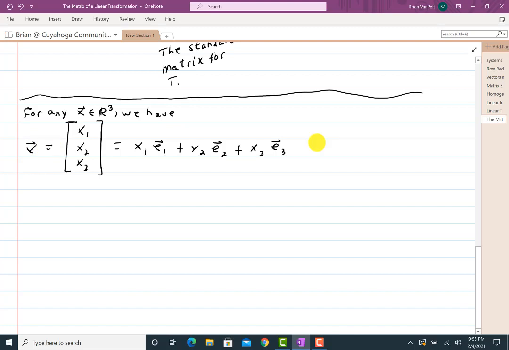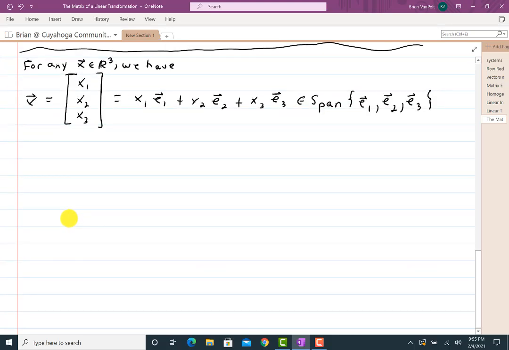This shows me that x is in the span of E1, E2, and E3. Since that's true for any possible x, this implies that R3 is a subset of that span.